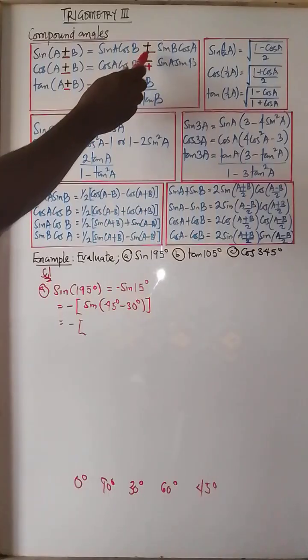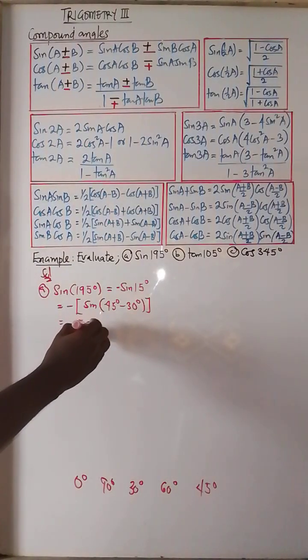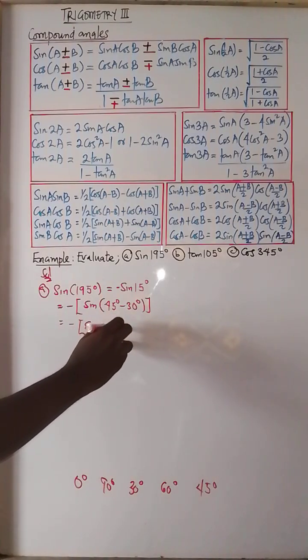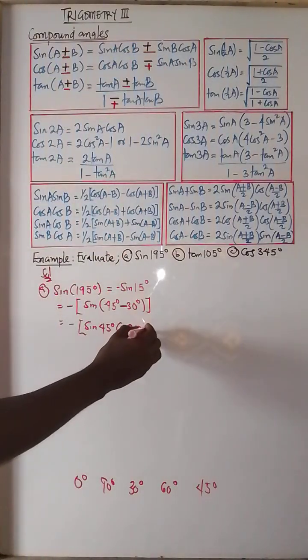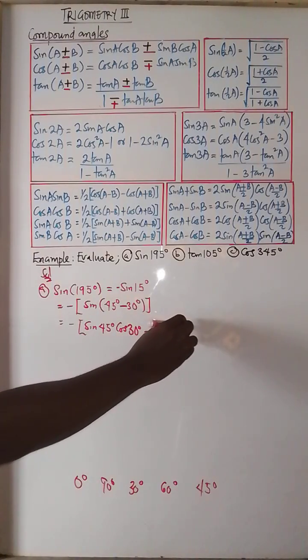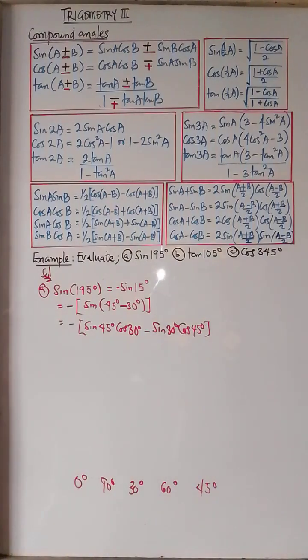That's sine A cos B minus sine B cos A. These are A, these are B. If you have minus here, we are going to have minus here. Then we swap the angles: sine 30 cos 45 degrees.